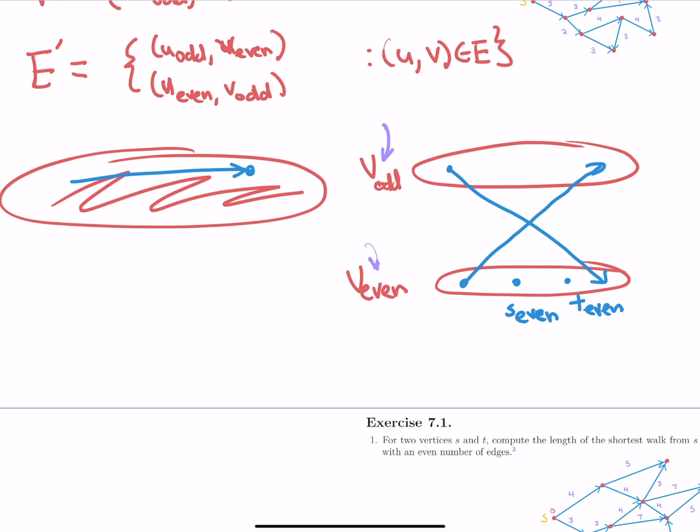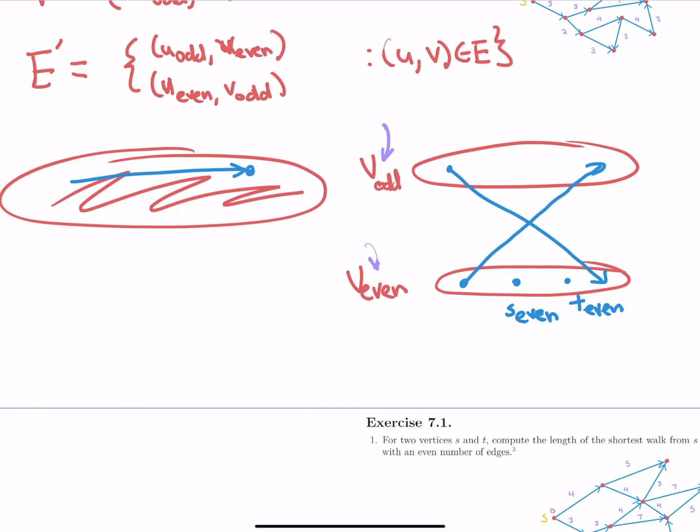And show that a walk between U even and V even here corresponds to an even edge walk in the original graph with the same edge lengths. So you have a one-to-one correspondence. This way, when I find the shortest walk in the auxiliary graph, that gives me exactly the shortest even edge walk in the original graph. So you need to do a back and forth to establish that your reduction is correct.